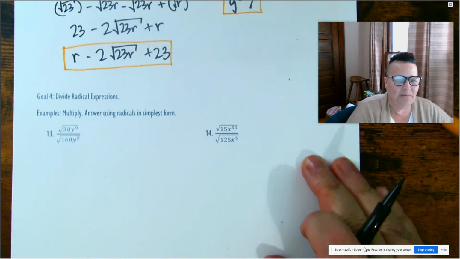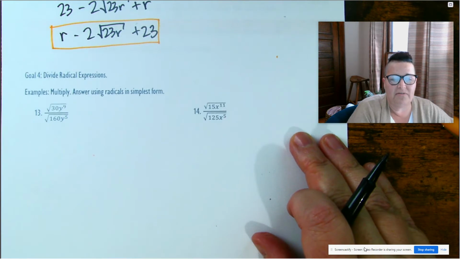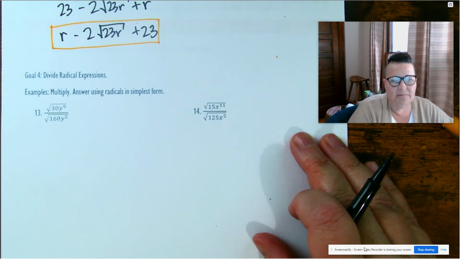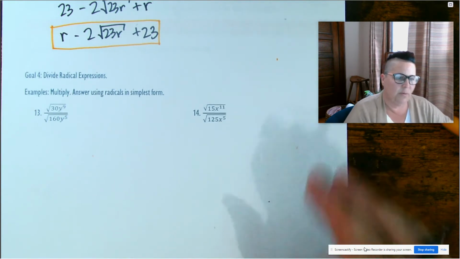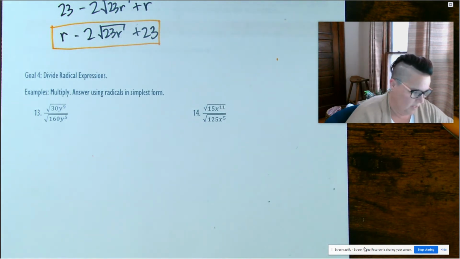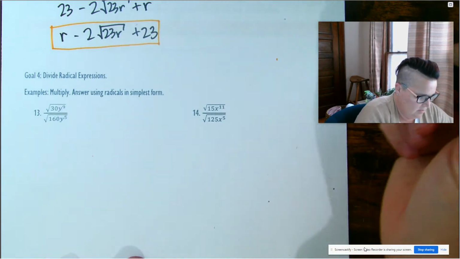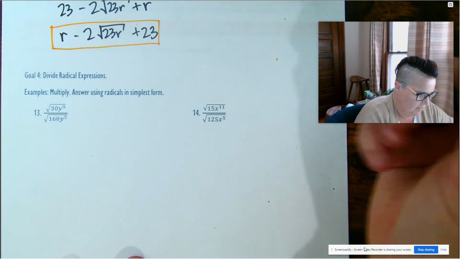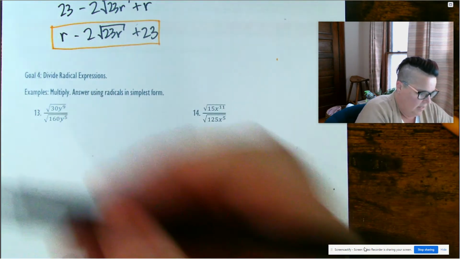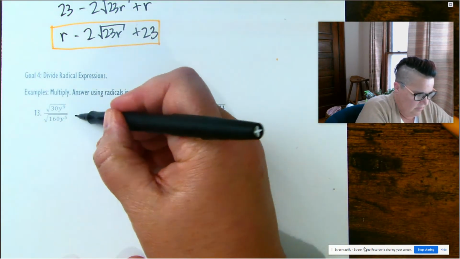All right. Goal number 4. We want to divide our radical expressions. So, the square root of 30y to the 9th over the square root of 160y to the 5th. How am I going to simplify this?